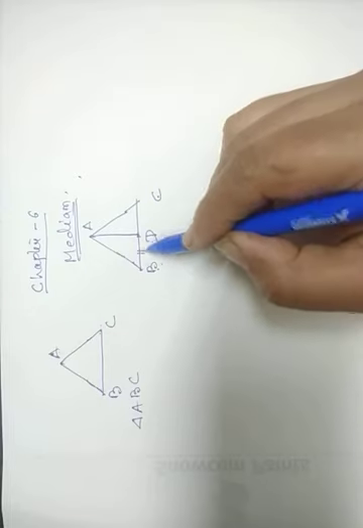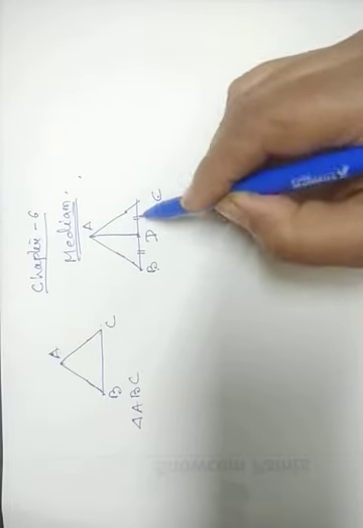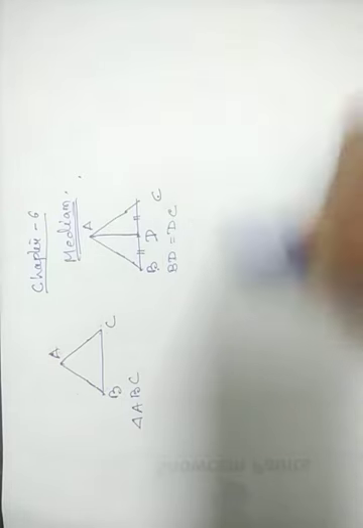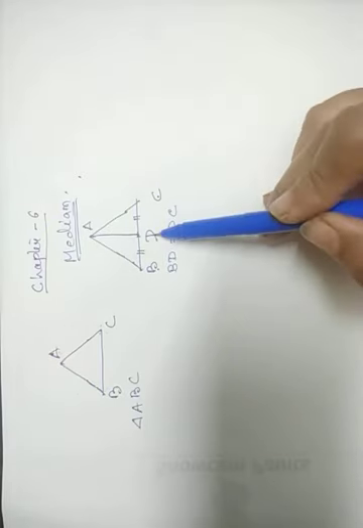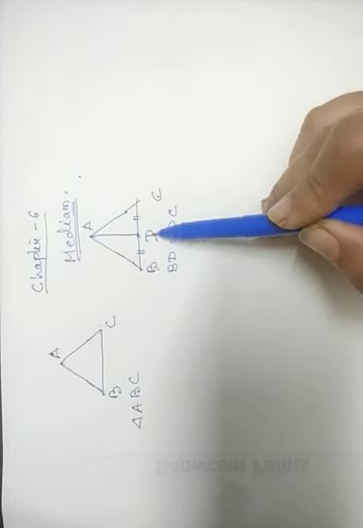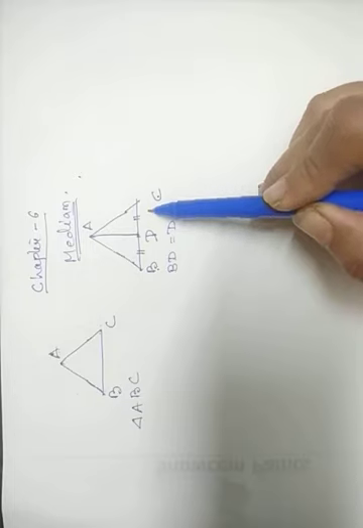One is BD, another is DC. Here BD equals DC. That means D is the midpoint of BC and divides it into two equal parts.